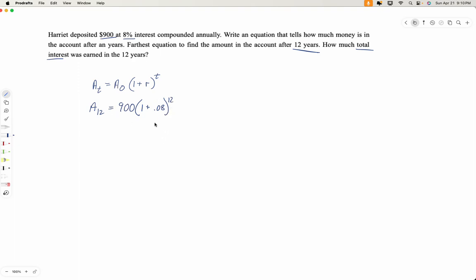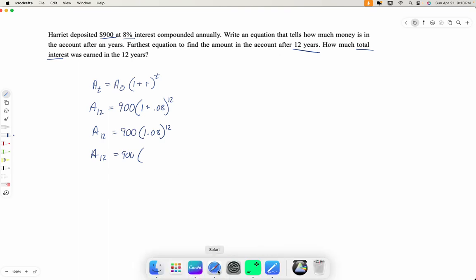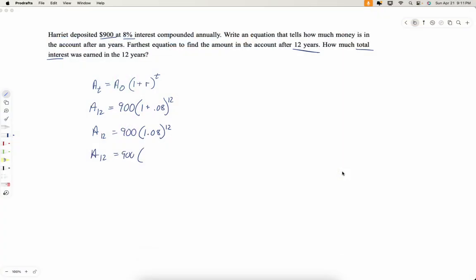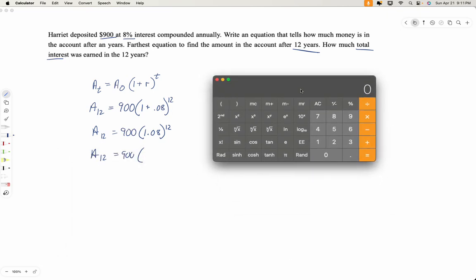Okay, so that is our equation. First we're going to do what's inside the parentheses, which is 1.08. Now we do our exponent, and that is going to be done on the calculator. Let me pull that up for us. 1.08 to the exponent of 12, and it gives us this.